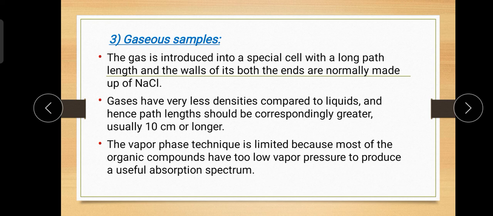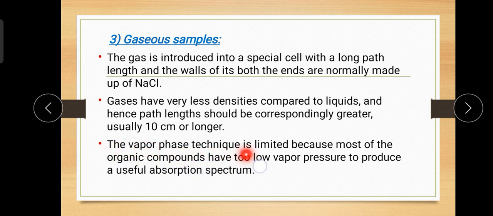As already mentioned, in gases we have less density, that means the interparticle distance is very large, or the particles move here and there, in comparison with the liquid. That means the density is less as compared to the liquid, and hence we have the long path length special cell having length 10 cm or more.